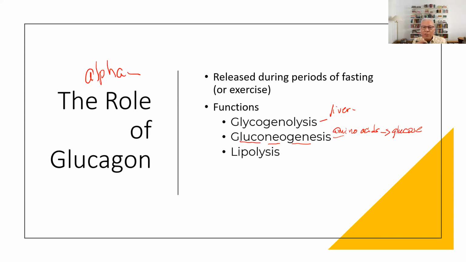And so this is going to go to the liver and be converted eventually into glucose. So this is what's called lipolysis, the breakdown of triglycerides. So taken together, these actions will increase blood glucose levels.